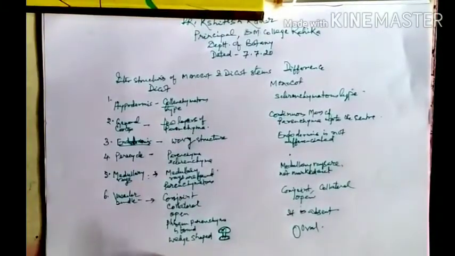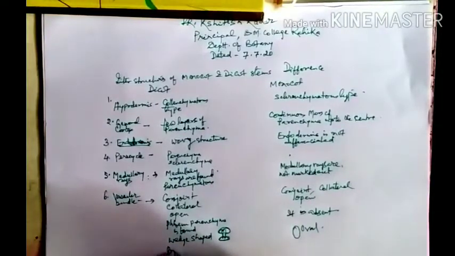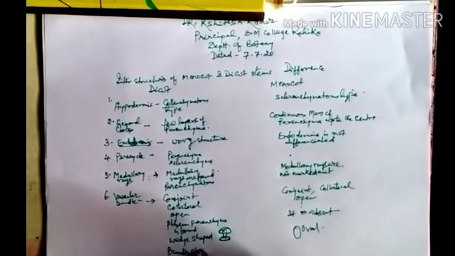Here in the dicot stem, bundle sheath is not found.